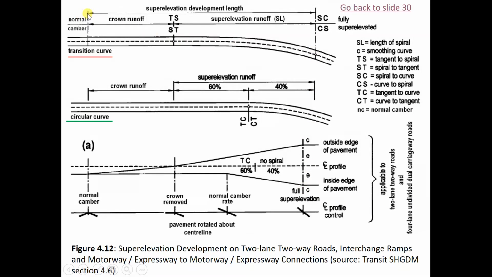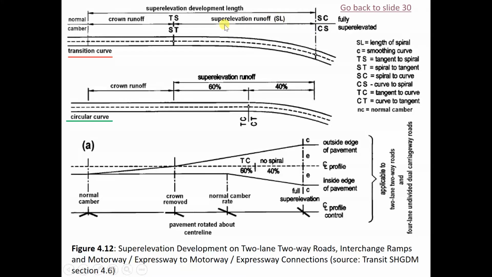The whole thing from this position until the full super elevation is called the super elevation development lane. Super elevation development lane, from this position, the normal camber, to this full super elevation. But from this position, where the outside lane is level, towards full super elevation is called the super elevation runoff.